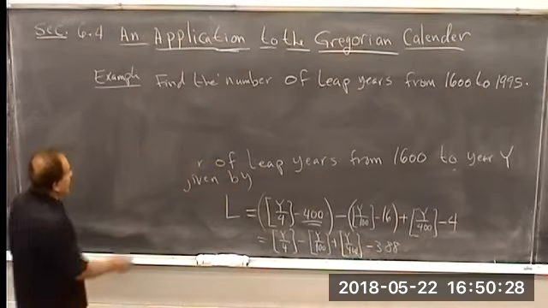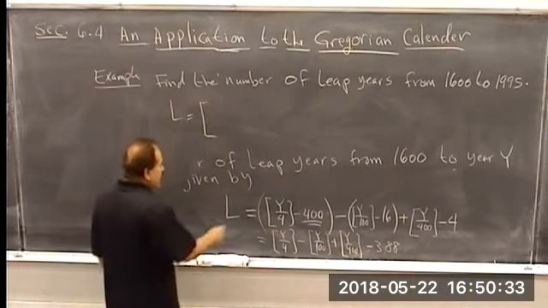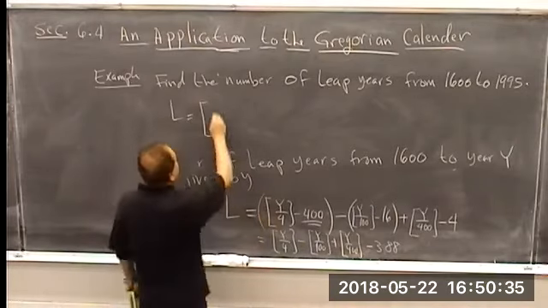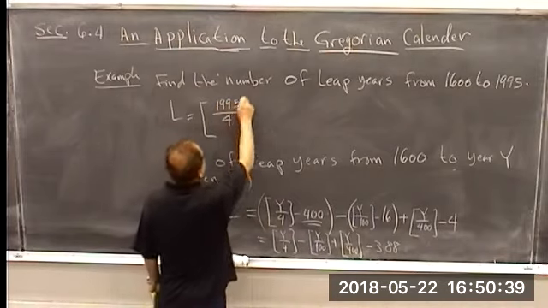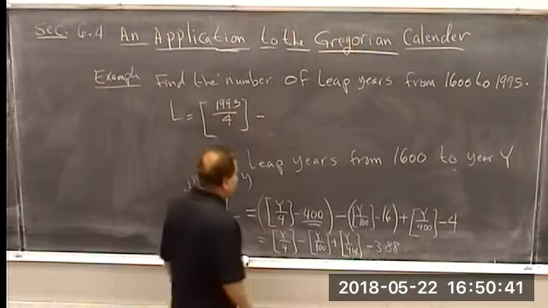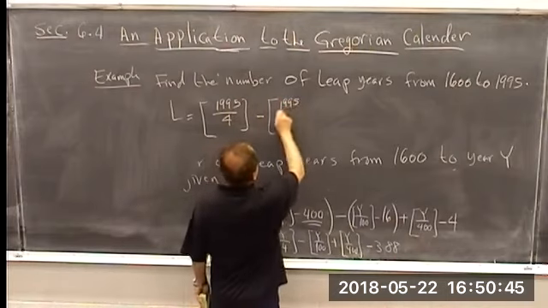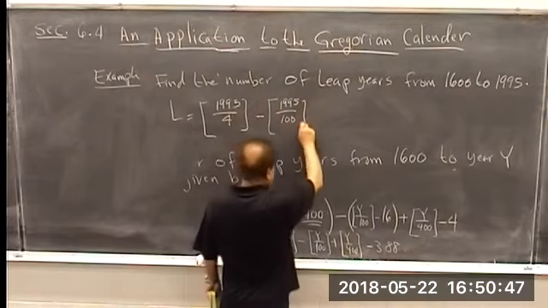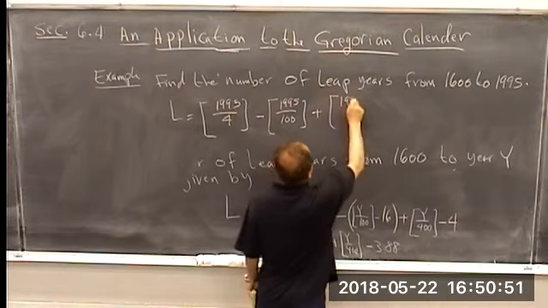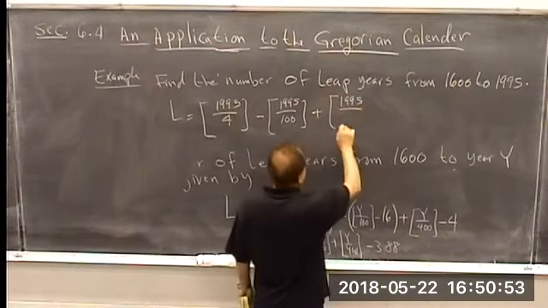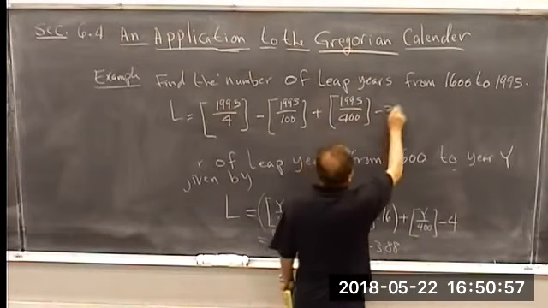All right, so the L in here is going to be, we actually put the year itself, 1995 divided by 4, minus, again, 1995 divided by 100, plus 1995 divided by 400, and minus 388.